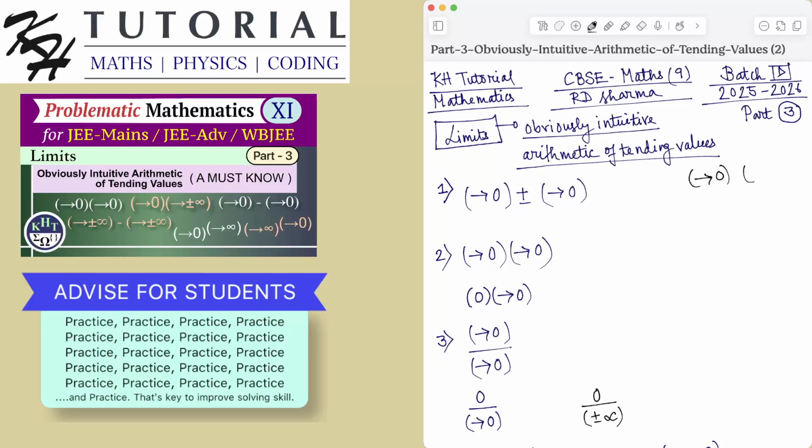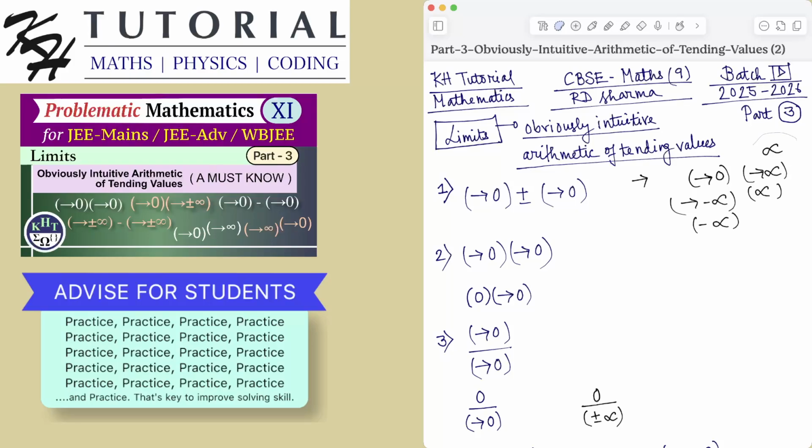Infinity means tending to infinity, they are the same thing, and minus infinity means the value is tending to minus infinity. And wherever I have written 0, it means exact 0. If I have not mentioned the tending symbol, then it means the exact value.